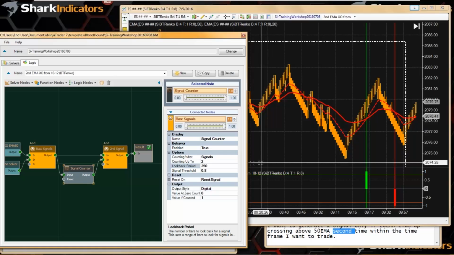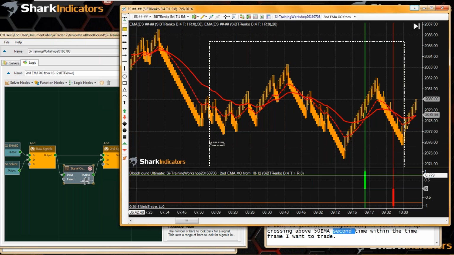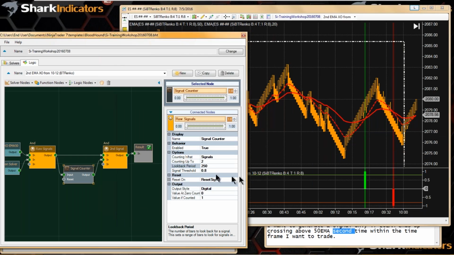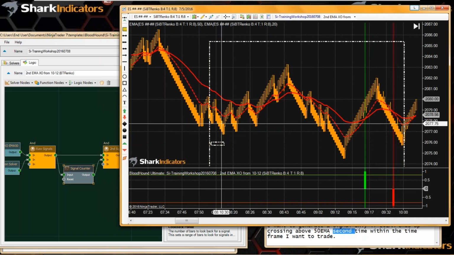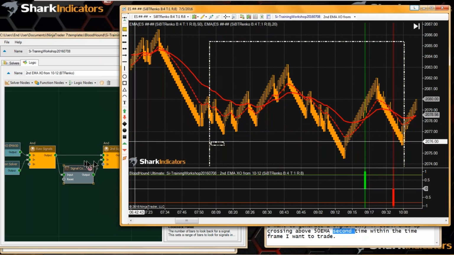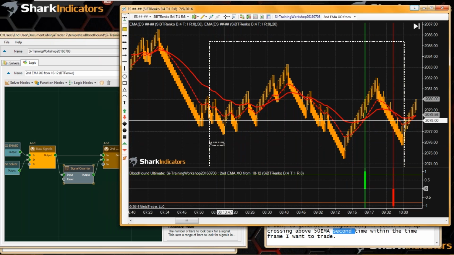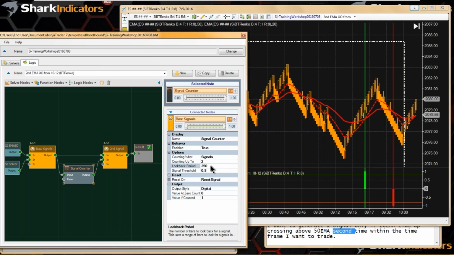So I'm just going to guesstimate based on this one day, but really you should take a sample size of many days and figure out how many possible bars could there be within this 2-hour time block, and whatever the maximum number of bars is within this 2-hour time block, that is what you want to put in your look back period, right?